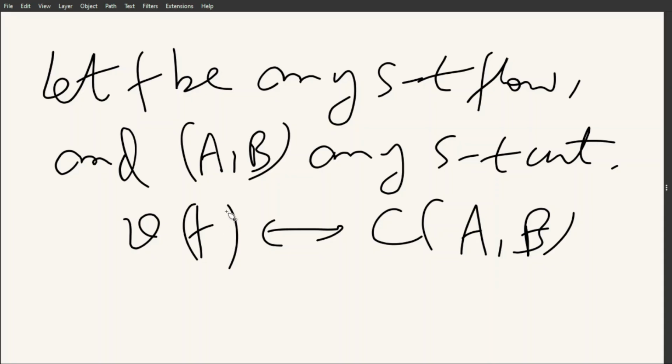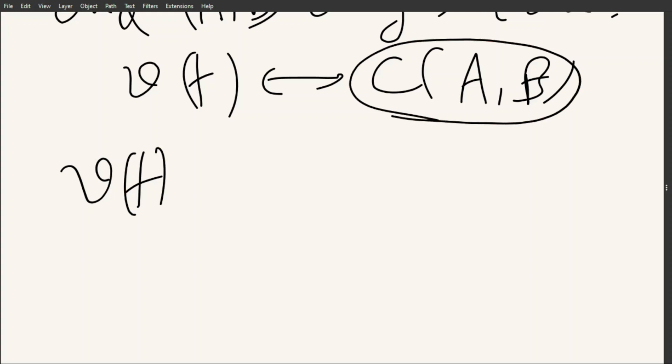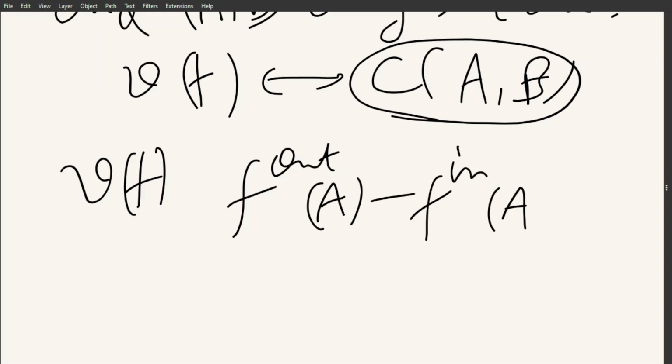Just consider what the value of the flow is. According to our previous definitions, relative to this cut it is simply the flow out of A minus the flow into A. Take any subset of vertices: it cannot generate or consume flow except for the S and T vertices.